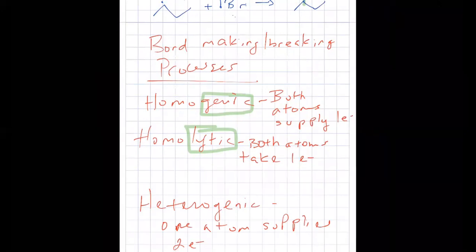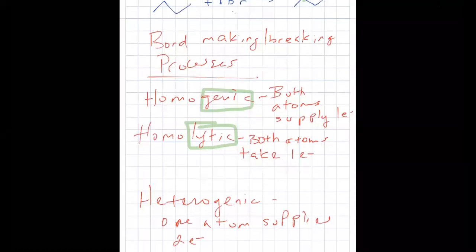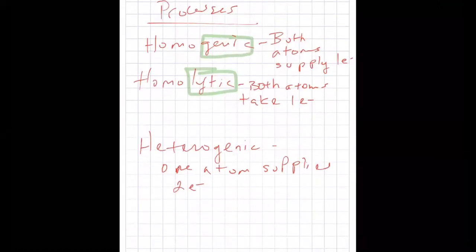So either each atom is going to have one electron apiece and bring that to the table or leave with it, or one atom is going to bring both electrons or leave with both electrons. So heterogenic is one atom supplying two electrons, and then heterolytic is the opposite. One atom leaves with two electrons.